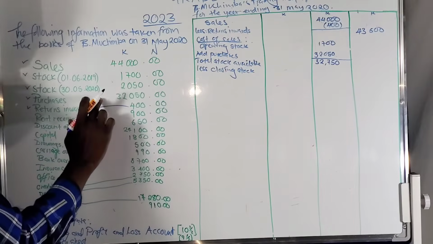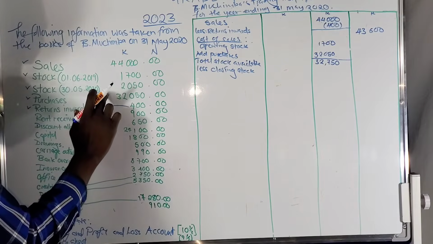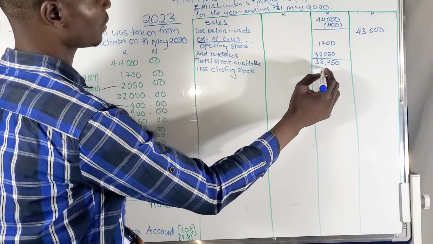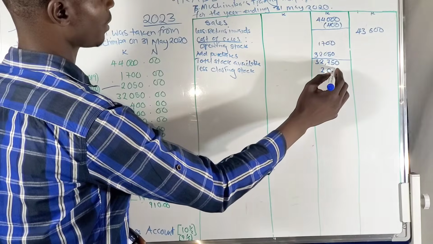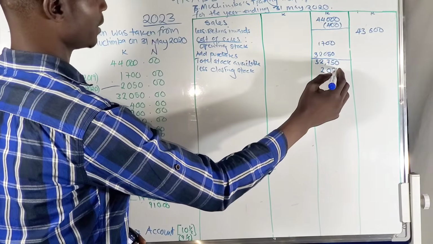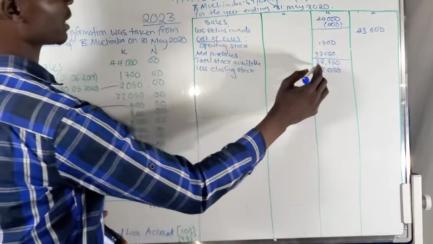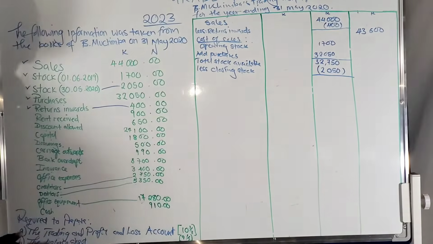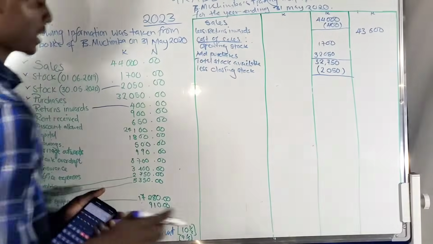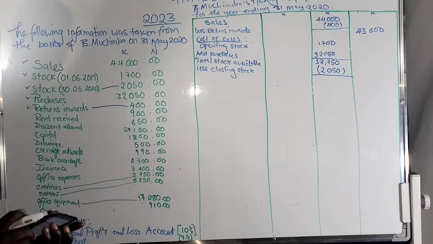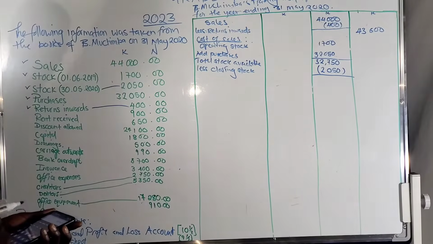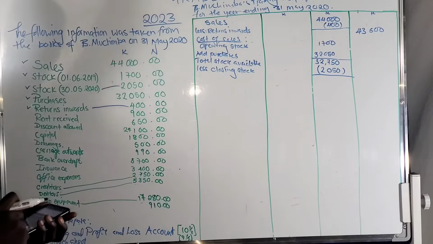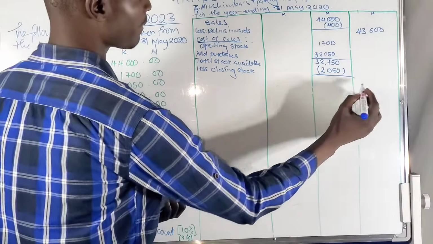Our closing stock is this one, which is 2,050. Since we are subtracting, let's put brackets here, then a line below that amount. Then we're going to subtract 33,750 minus 2,050, which is giving me 31,700.